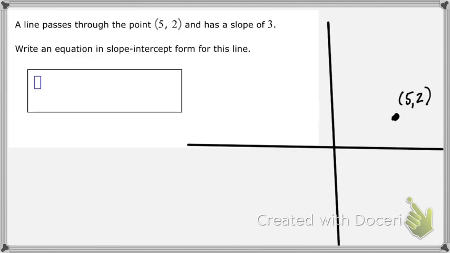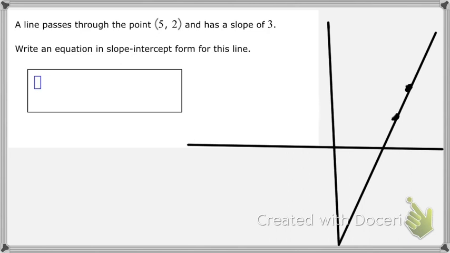So let's go here and say I'm going to go up 3, 1, 2, 3. That's the rise, and a run of 1 over 1. So I got that point, and then I could have a line to that point, right? And that, again, is the point (5, 2).